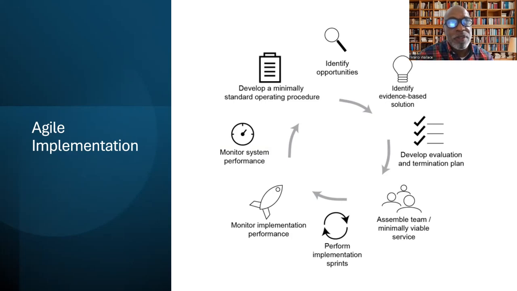Identify opportunities. Look within the organization. What is not working? What are the bottlenecks that you see? What social environment, what digital environment, or what physical environment needs to change? When you're presenting information to executive leadership, you have to be able to identify the cost associated with this problem.